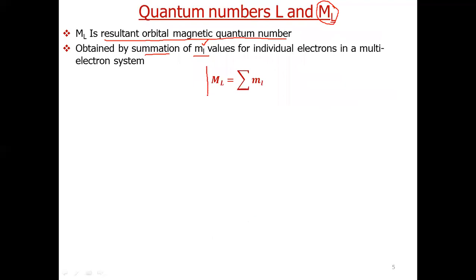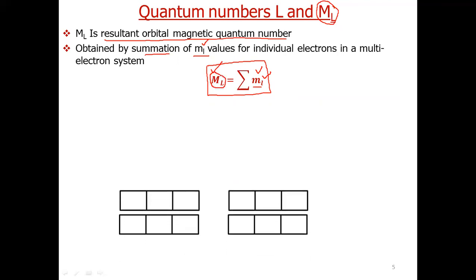It is a very simple formula: ML is equal to the summation of small ml, simply adding the ml values of individual electrons. We can calculate the resultant ML for a multi-electron system.